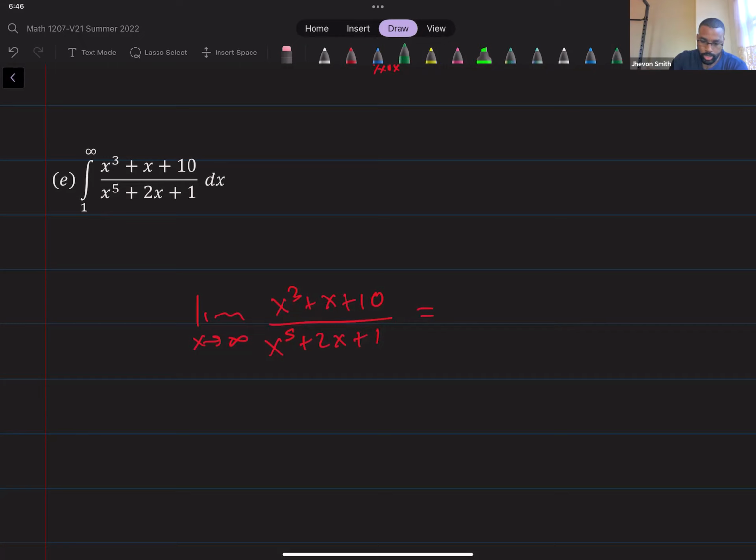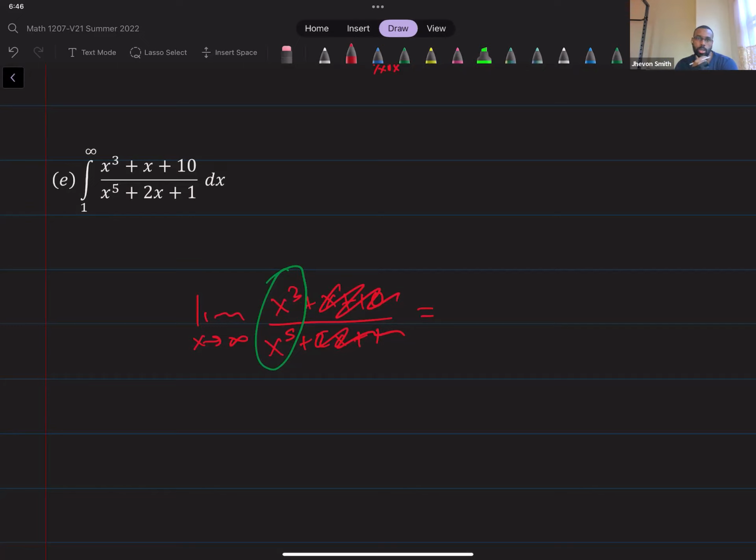Well, the intuition is the largest ones will control the limit, and you can essentially ignore everyone else. Because compared to like an x to the fifth, say, an x is effectively 0 when your x is going off to infinity, right? The largest powers are going to dominate. And so you can actually ignore all the smaller powers.